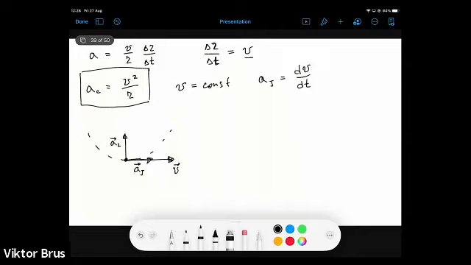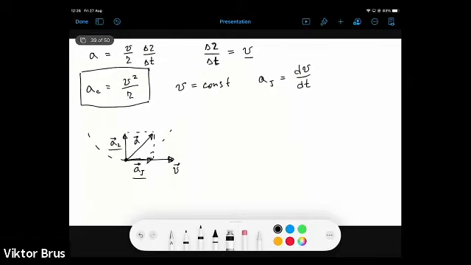And then the total acceleration vector will be defined as the sum of these two: the tangential acceleration, originating from the change of the magnitude of the velocity vector, and the radial acceleration, originating from the change of orientation while moving along the circular trajectory.